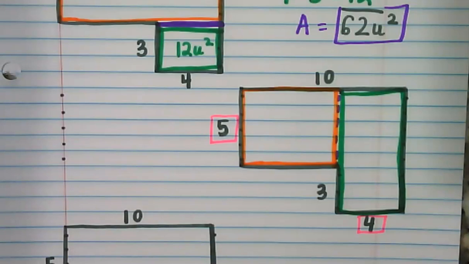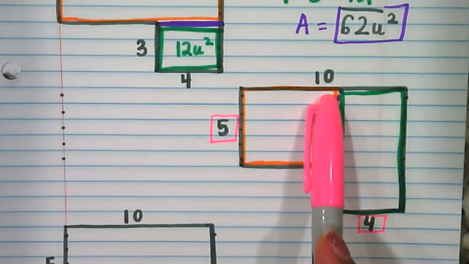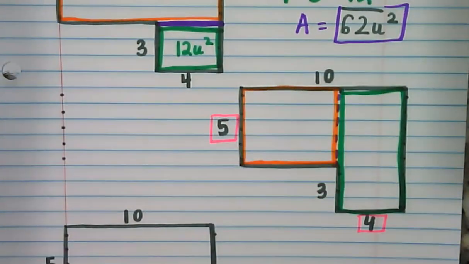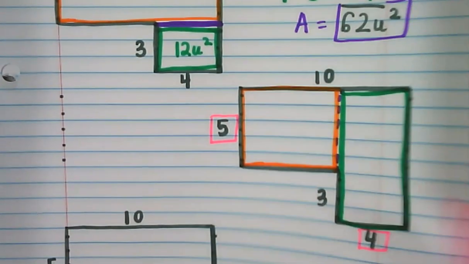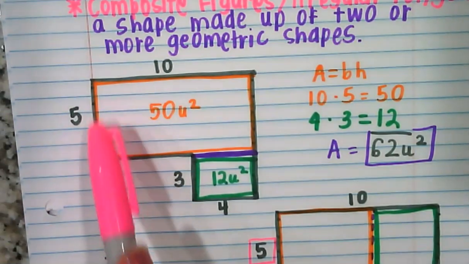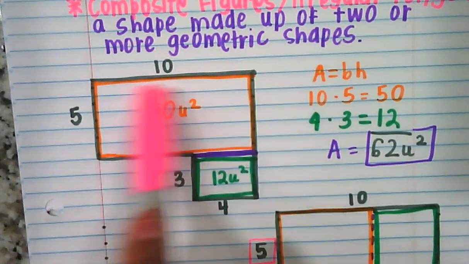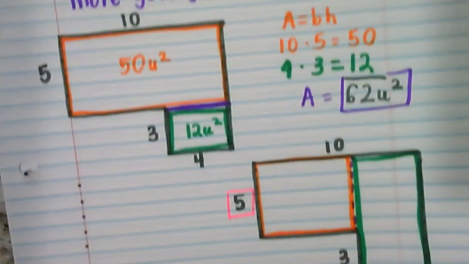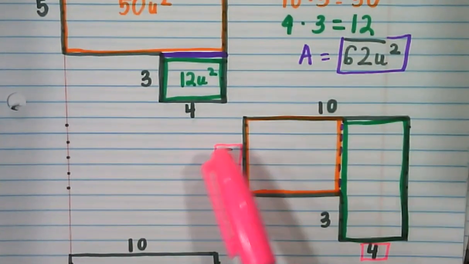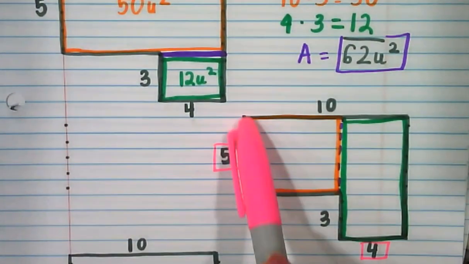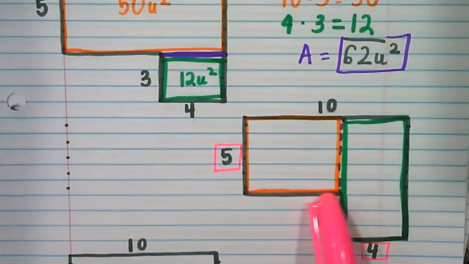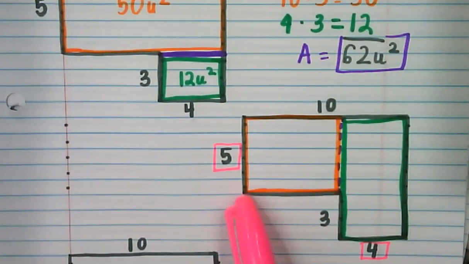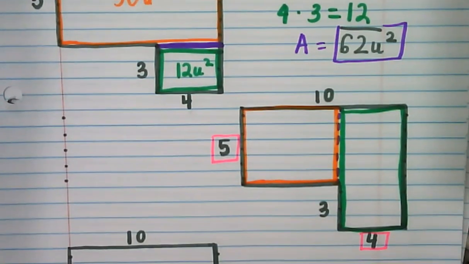Because I'm missing some things. Can I use the 10 for this smaller rectangle here? I used the 10 before because I was talking about this entire rectangle. But now I'm looking at a smaller rectangle where we have 5 as our height. Now, what is our base of this rectangle? How can I find this information?